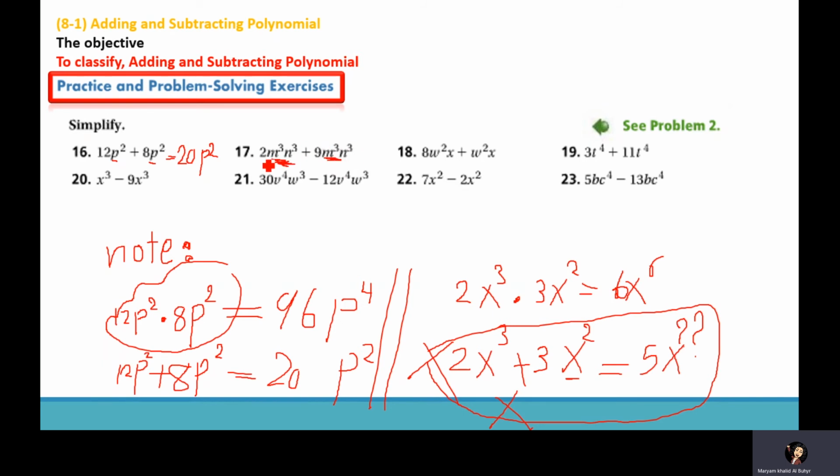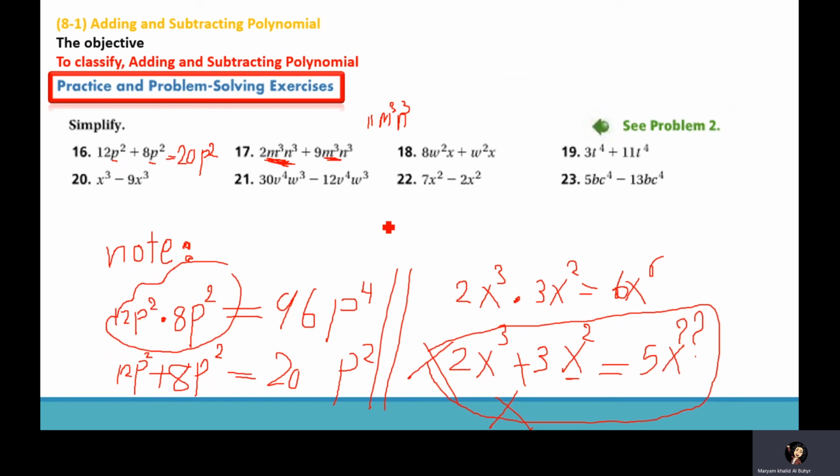Okay, fine. 2 and 9, just add them, which is 11. Copy the same term. Same thing with the rest, because the rest is exactly the same idea, and I don't want it to be boring, just listening to the same idea. Let me move to the next part.